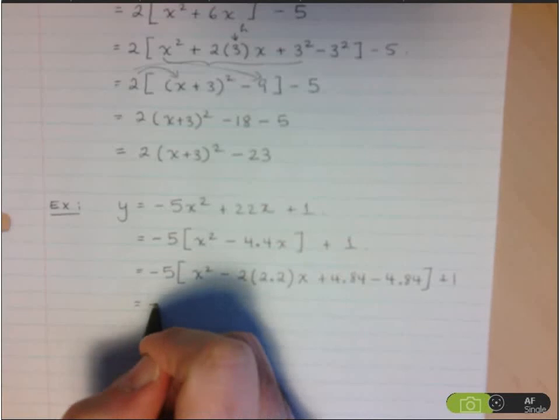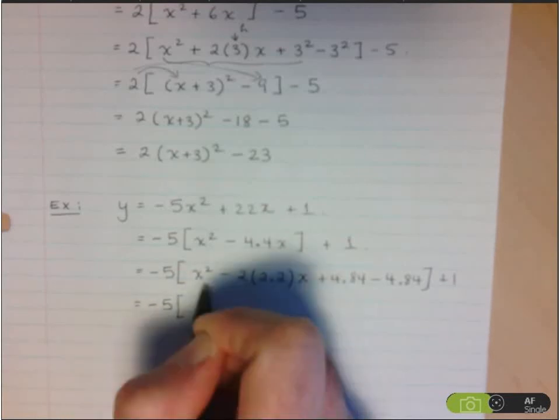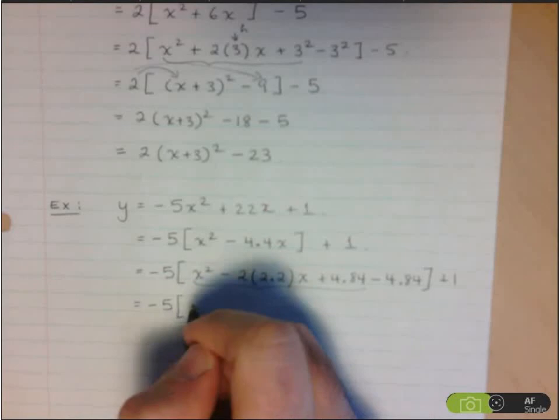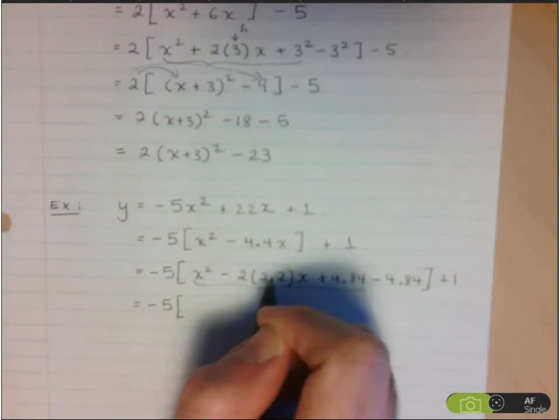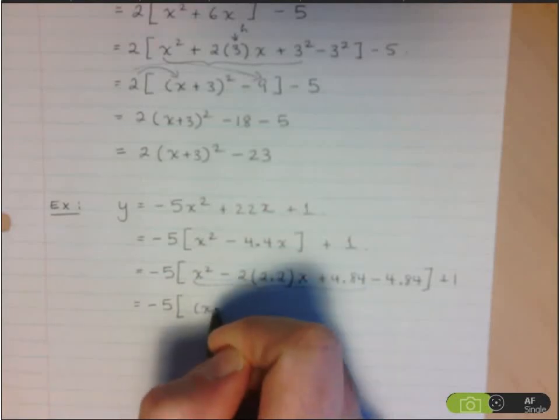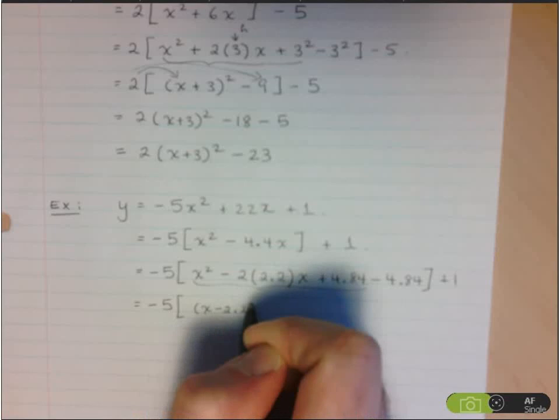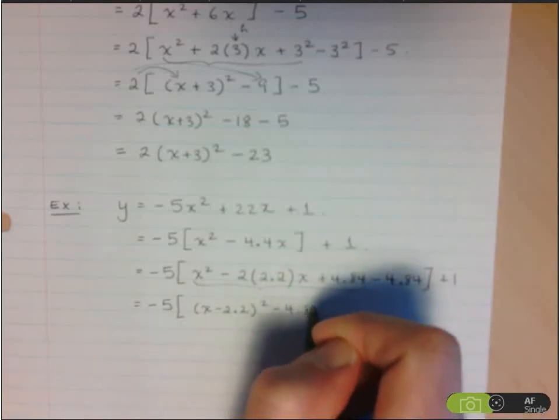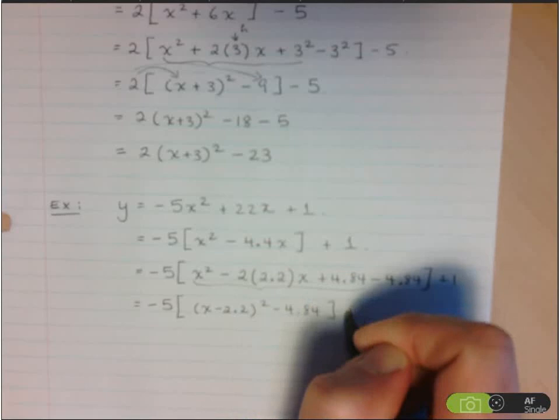So again, we continue just as before. The first 3 terms give us our perfect square. In this case, x minus h is x minus 2.2. And here we're left with the minus 4.84, and then, of course, the plus 1.